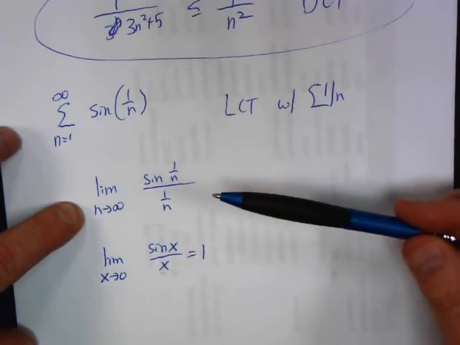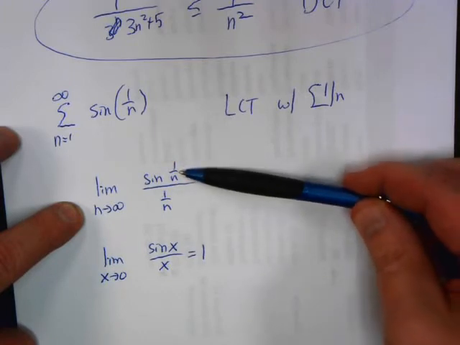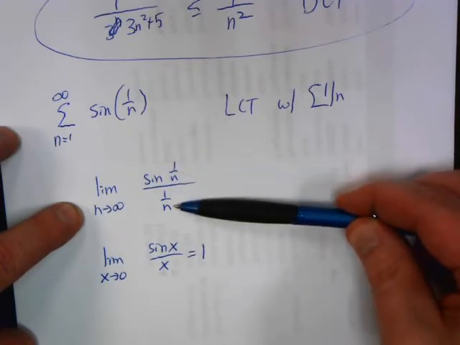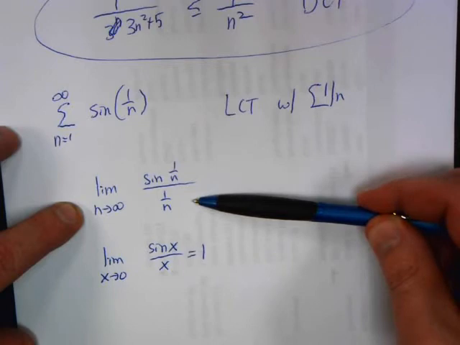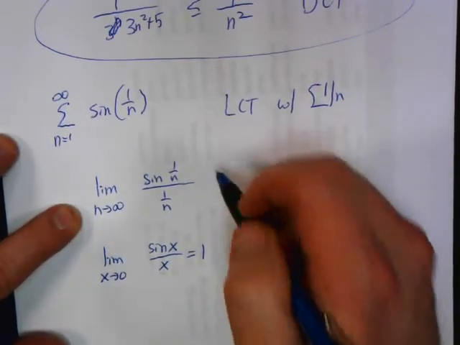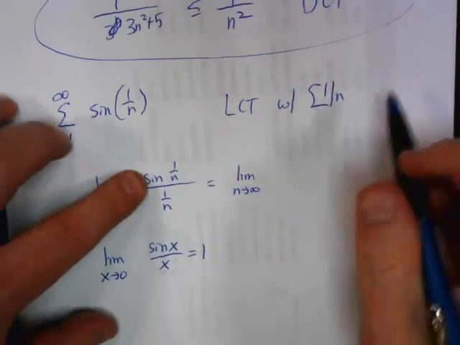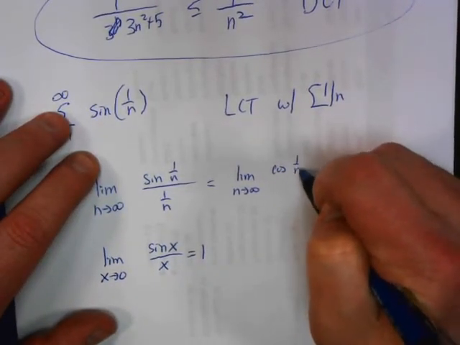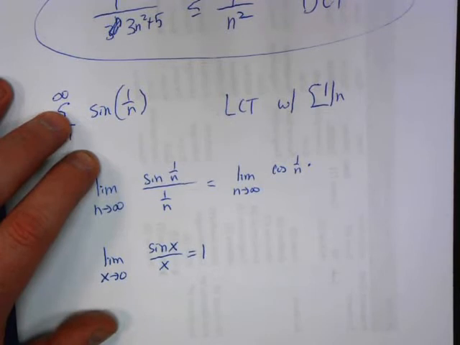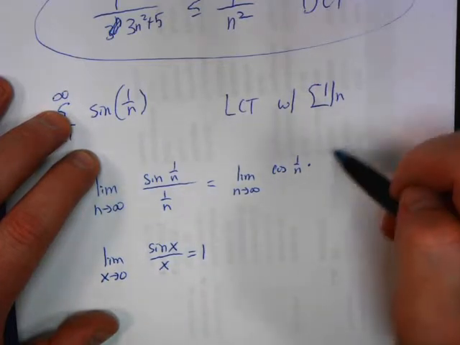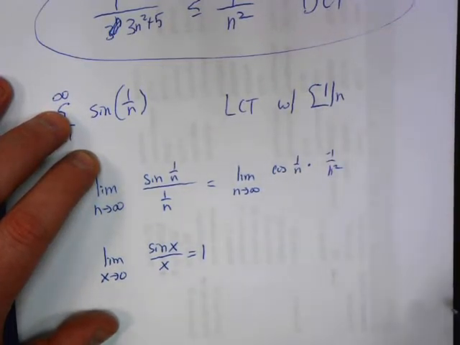What I was thinking of is this is in the form 0 over 0. What do I do when something's in the form 0 over 0? I use L'Hopital's rule. So I would have said this is the limit as n goes to infinity of cosine of 1 over n times what's the derivative of 1 over n? Negative 1 over n squared.